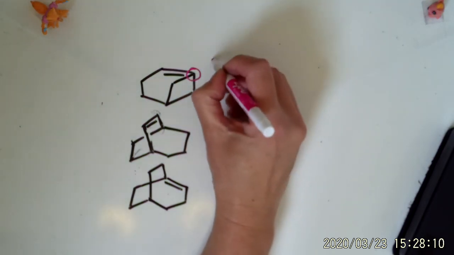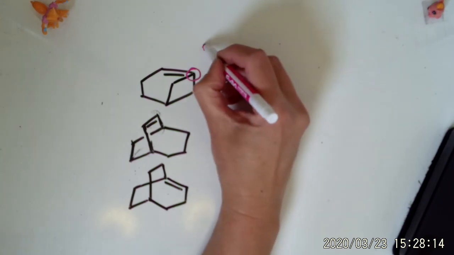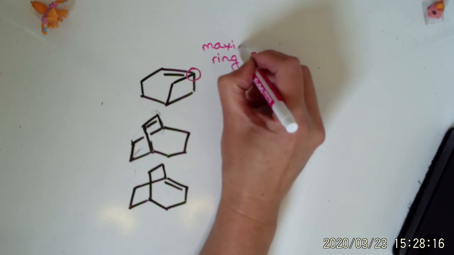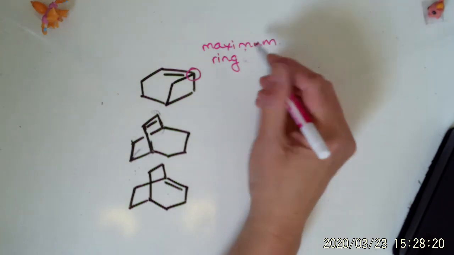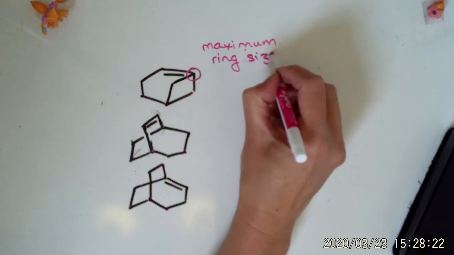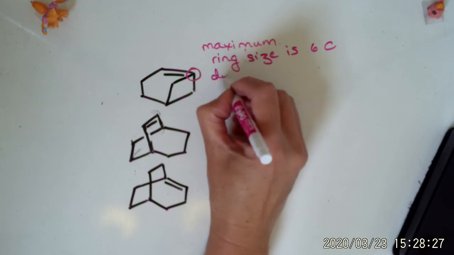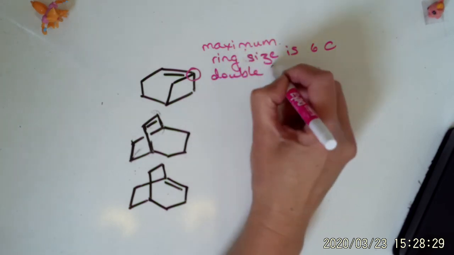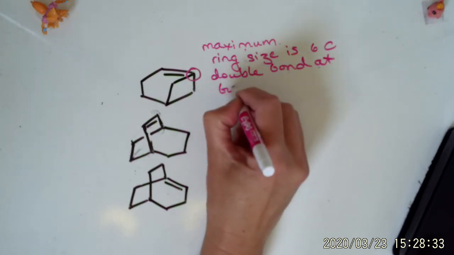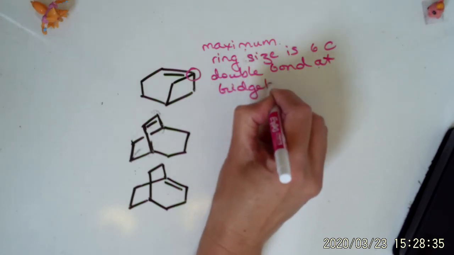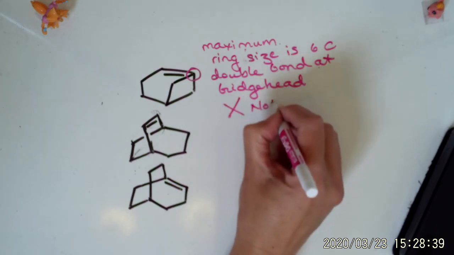So the maximum ring size is 6 carbons. Double bond at bridgehead. So, not stable.